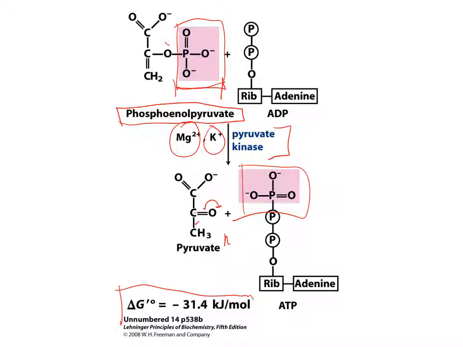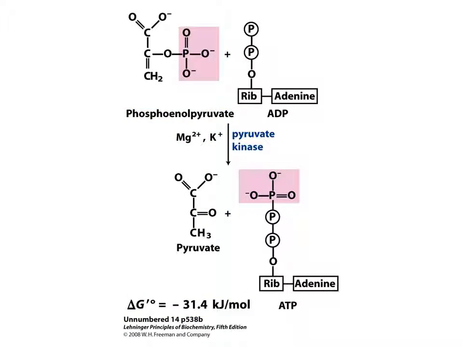And the delta G of this reaction is negative 31.4 kilojoules per mole. Here I need to mention that the delta G of hydrolysis of phosphoenolpyruvate is closer to minus 61.9 kilojoules per mole, which is significantly more than needed to form the phosphoanhydride bond of ATP, right here, which is about minus 30.5 kilojoules per mole.